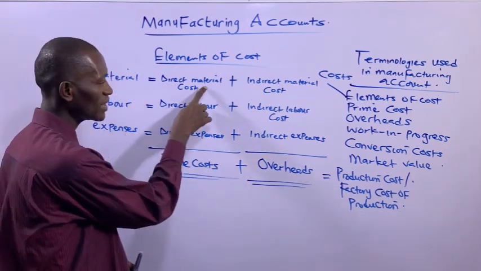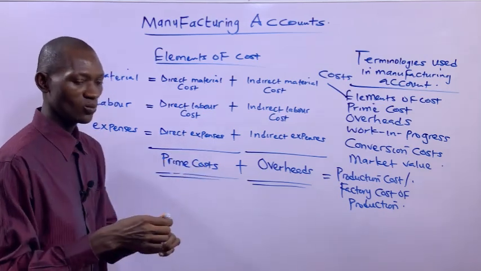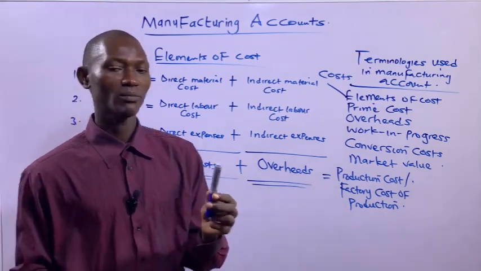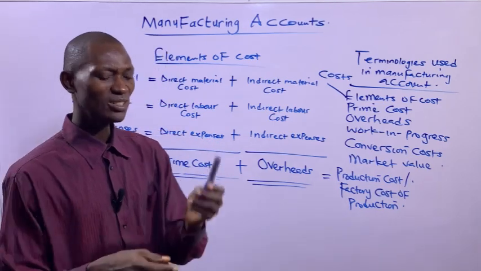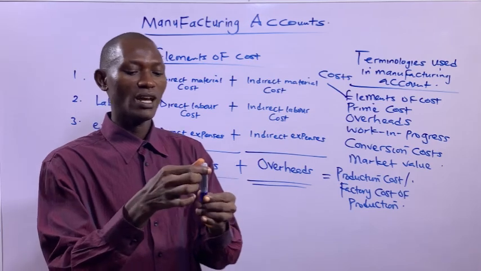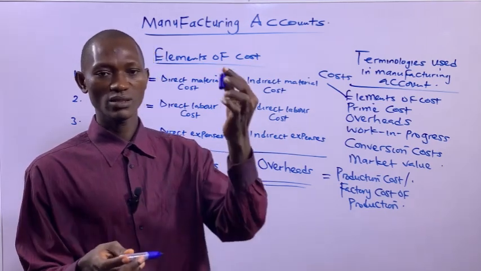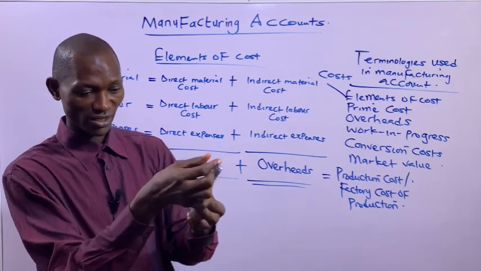So direct material, material is what you can see and touch basically. Let's say, for example, our business is into production of this marker. The direct material costs on this marker are the purchase of this cover. You can see it on the products, you can trace it.